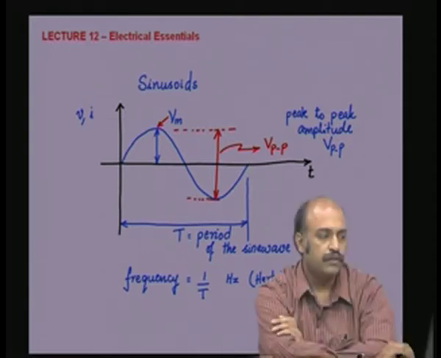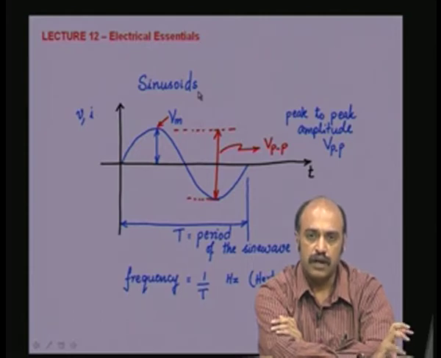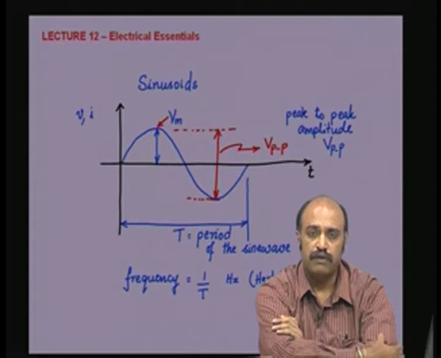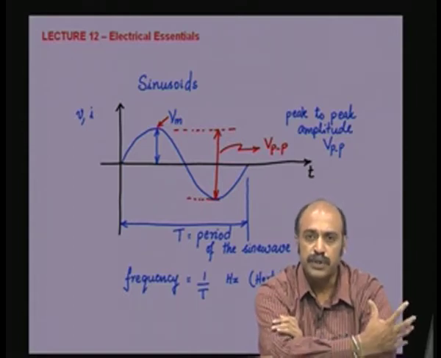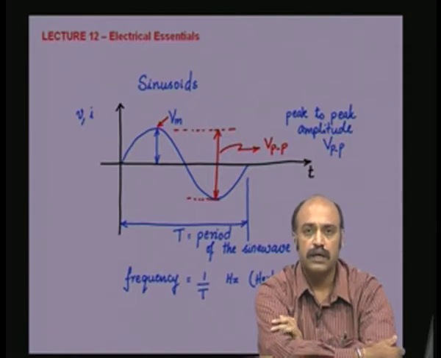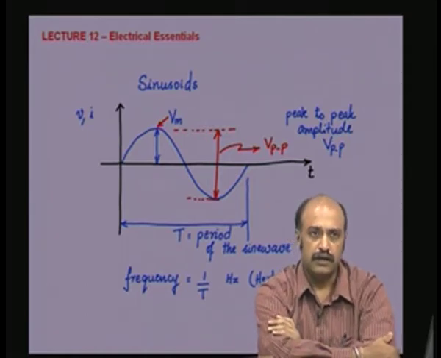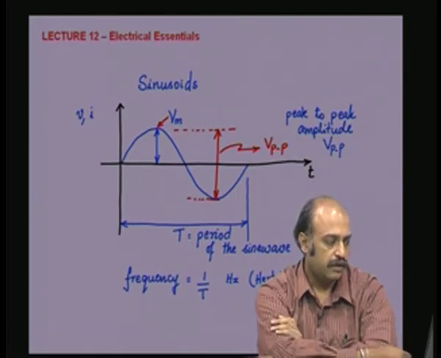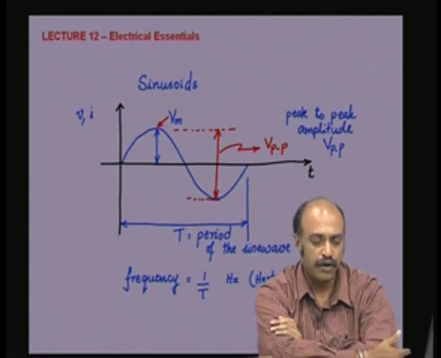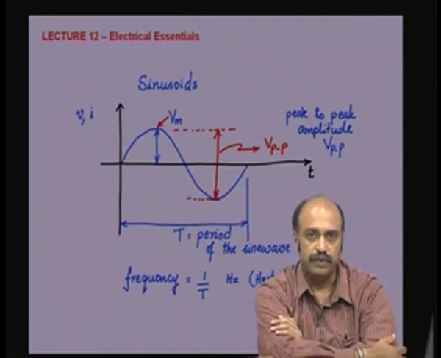And lecture 12 of the electrical essentials describes the sinusoids. The sinusoidal waveform is a kind of reference waveform for electrical engineers. It is ubiquitous in almost all electrical systems, and it will appear as an input, an output, an intermediate waveform almost everywhere.